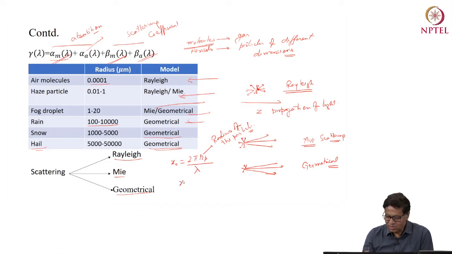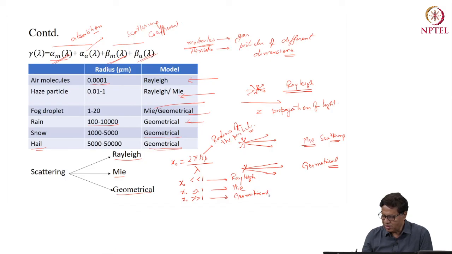If this x naught is very much less than 1, then you have Rayleigh scattering, and this will be less than 1 when r_p is very small. When x naught is equal to 1, you have Mie scattering. And when x naught is greater than 1, you have geometrical or diffraction kind of scattering.